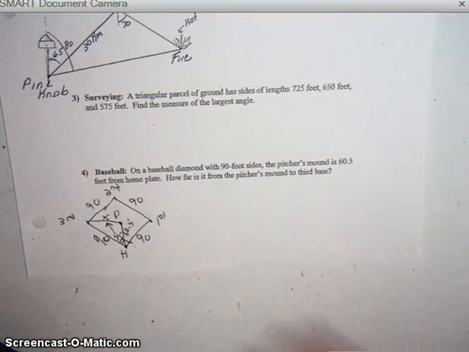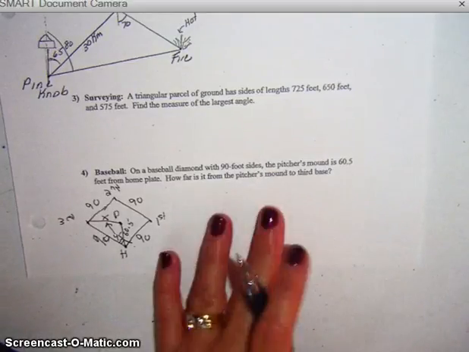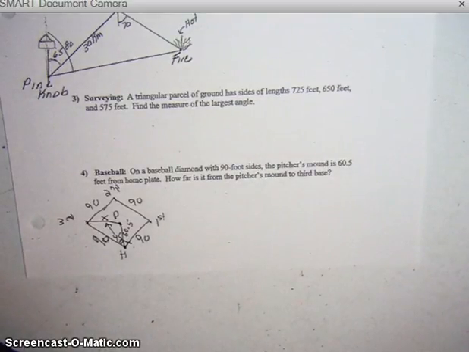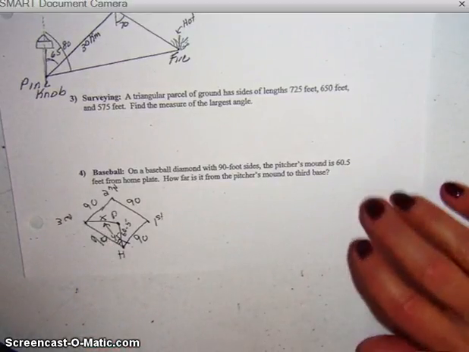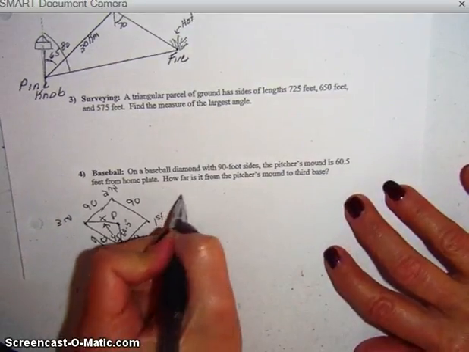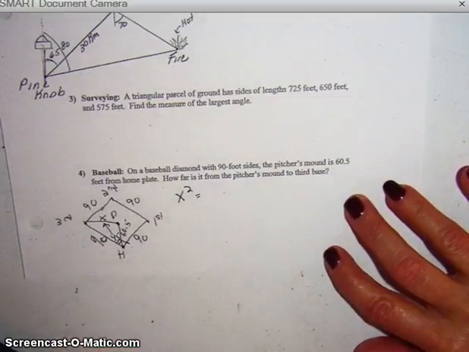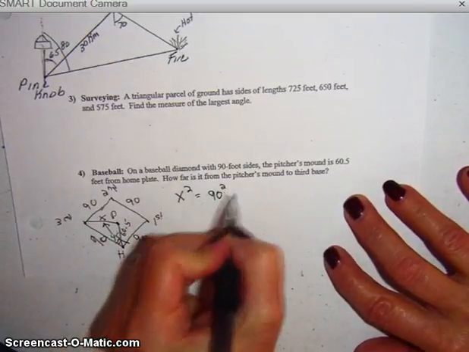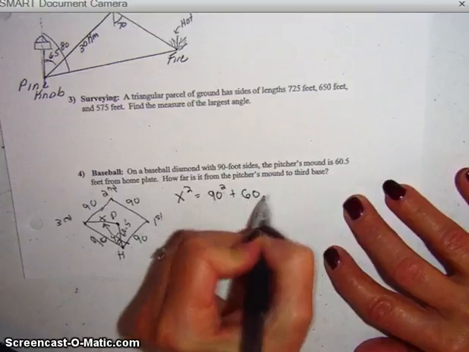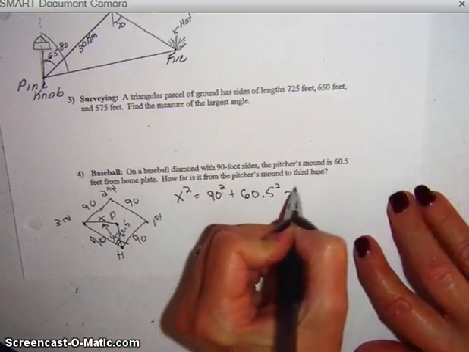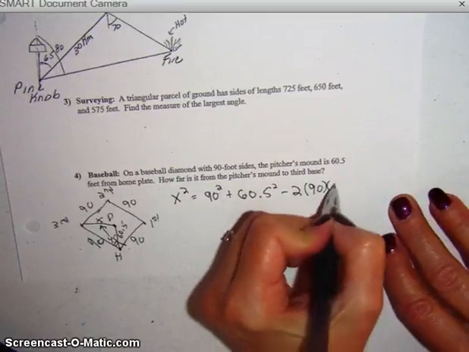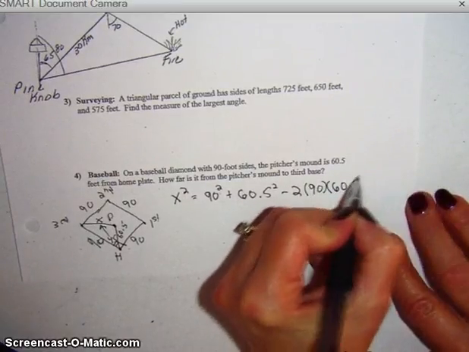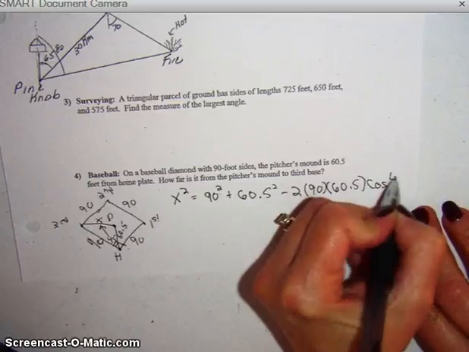Anybody feel confident to set these up in law of cosines? Go, Remy. Okay, so it would be x squared equals 90 squared plus 60.5 squared minus 2 times 90 times 60.5 times cosine of 45. Very good.